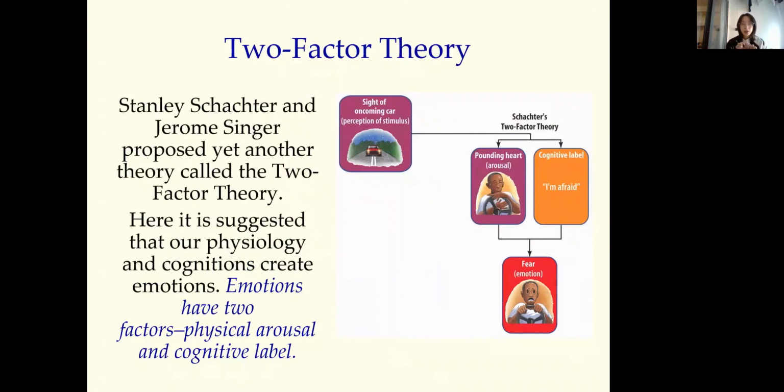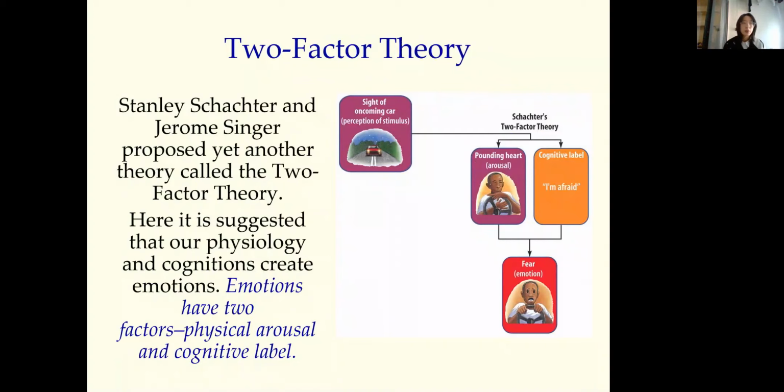And here comes the two-factor theory. It's a theory that is widely accepted in today's research in emotion. The two-factor theory thinks that both physiological arousal and cognitive appraisal can contribute to our emotional reaction.